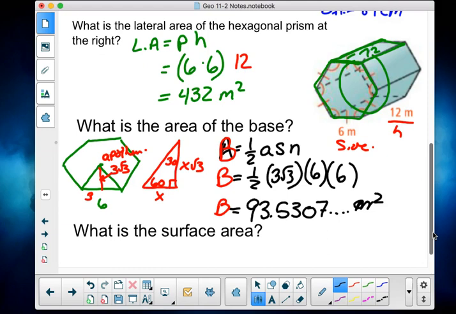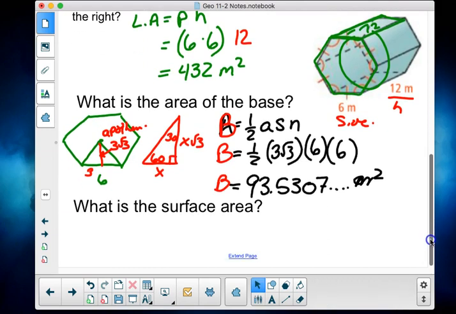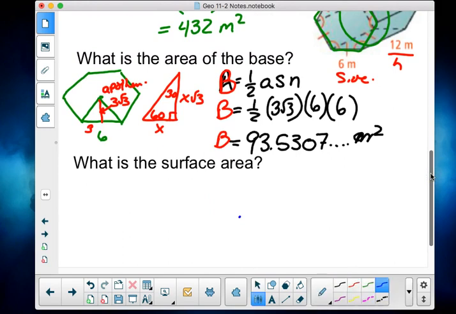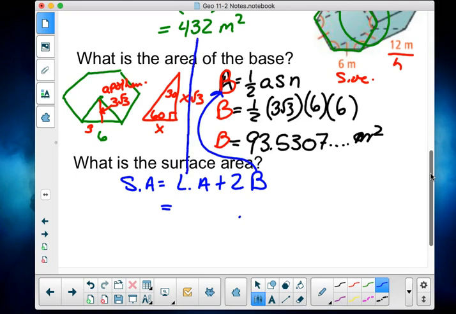Now, what's the surface area? Again, my surface area is going to be, according to the formula, surface area is equal to LA plus 2B. Remember, B was this funky formula there? And my LA was from up there.